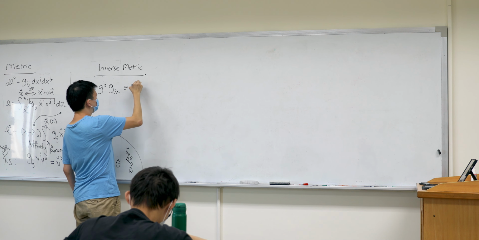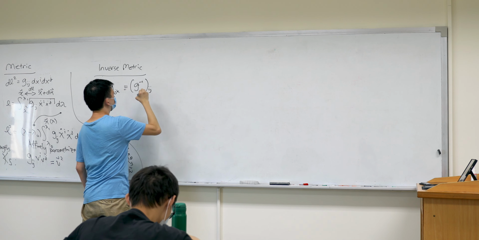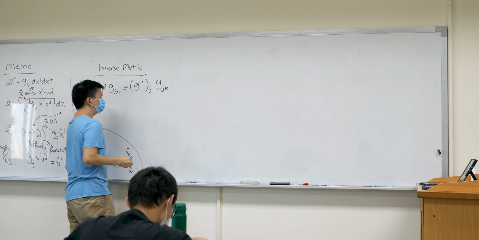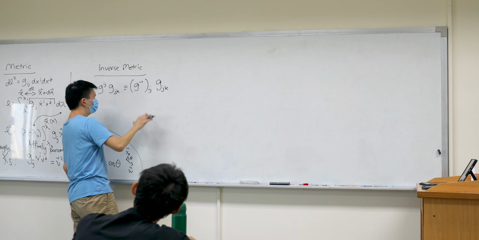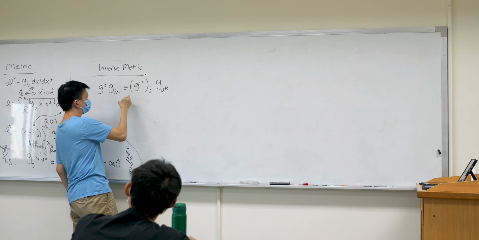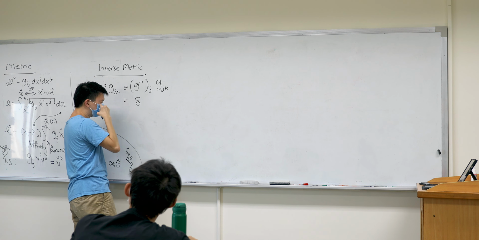So this is basically G inverse ij, and then G jk. If you write it as a matrix multiplication, it's the ik component of multiplying the G inverse to G. Well, what is this supposed to do? This is really the inverse. It's supposed to give me the identity.